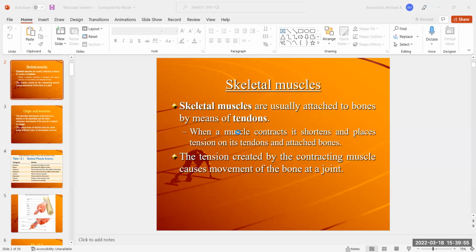We can see calcium rushing into the sarcoplasm here, and we now get the mechanics of contraction occurring, just like you see here, which we've gone over already.